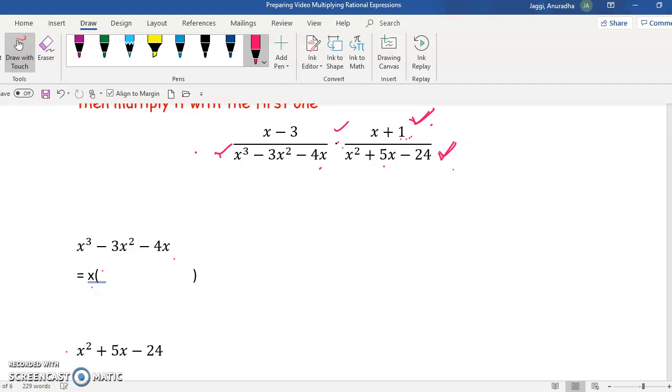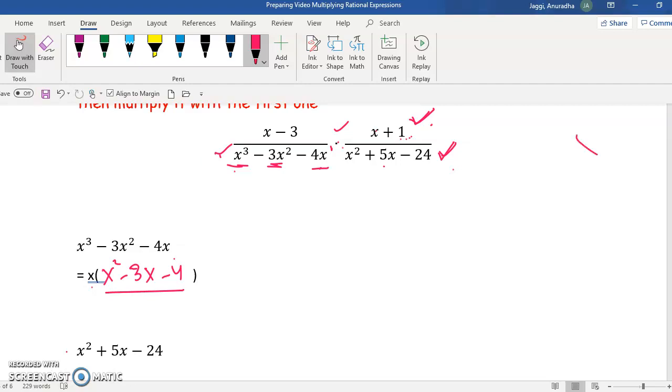I can use the x method, and here first I need to factor out because there's a variable present in all the three terms. So I'll factor that lowest power of the variable out, which is x to the power 1, and what remains inside is x square minus 3x minus 4. So if you see just this part alone, it is a quadratic trinomial.